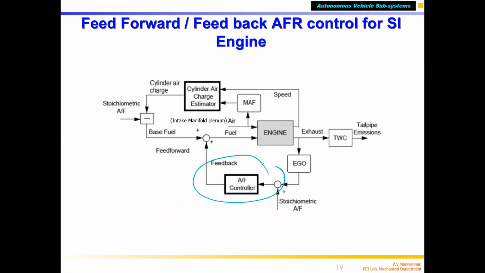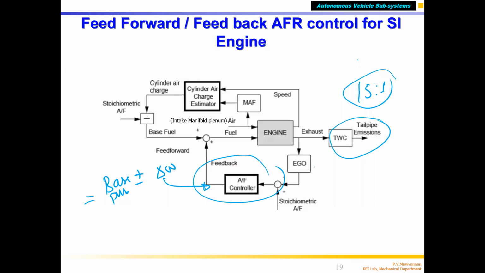The controller will apply base pulse width plus or minus delta W, which is computed by the closed loop air-fuel controller. So you will always be able to maintain 15:1. This is how it works. I stop here. Next class we will see the diesel engine, and then we'll go to the steering system.